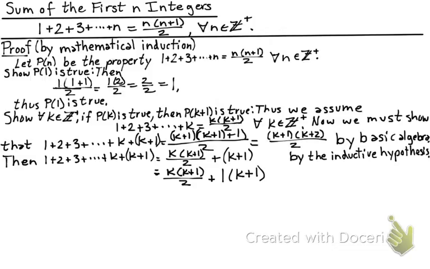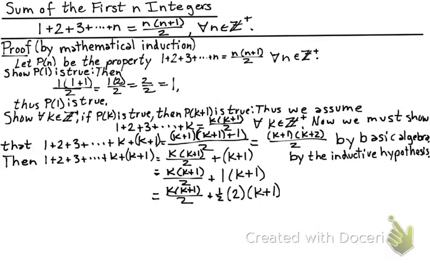Okay. Then this equals, well, I'm going to change the 1. 1 is also equal to 1/2 times 2, right? So I'm going to change 1 into 1/2 times 2 because that's an equal value. So this is k times k plus 1 over 2 plus 1/2 times 2 times k plus 1.